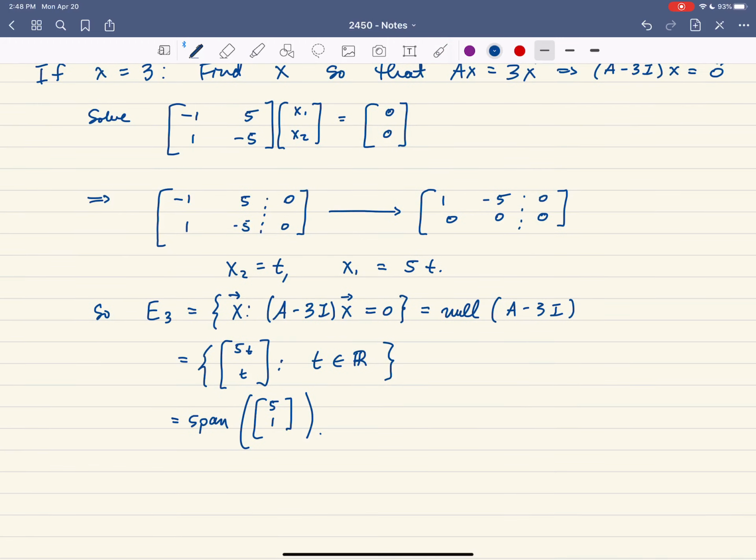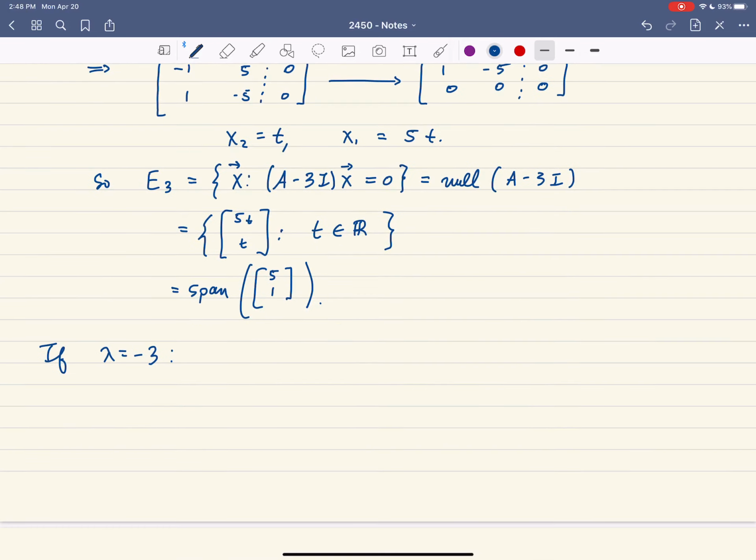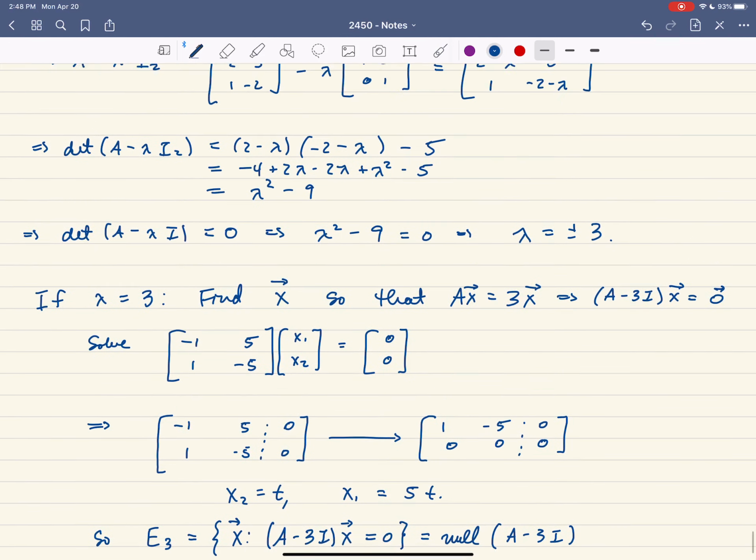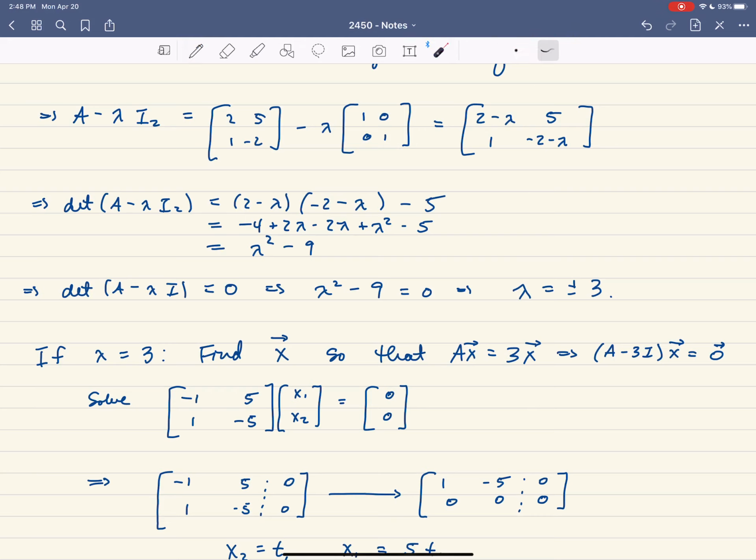Let's do the same for lambda equals negative 3. So if lambda is equal to negative 3, we want to solve A minus lambda I times x equals 0. This is the same idea. We're going to look at A minus lambda I when lambda is equal to negative 3.